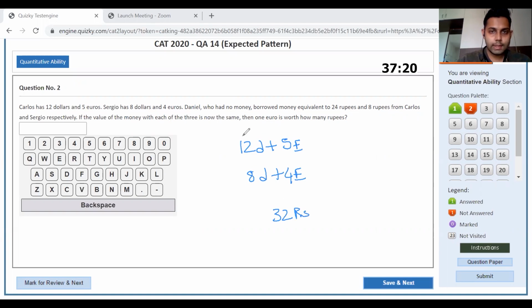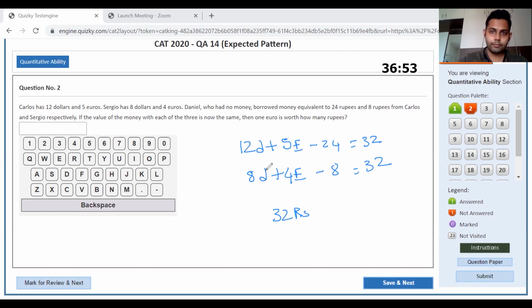If the value is same with all three now. So let's just keep rupees constant. So minus 24 minus 8 is equal to 32. So basically 32 is equal to 32, right? This is what we know till now.